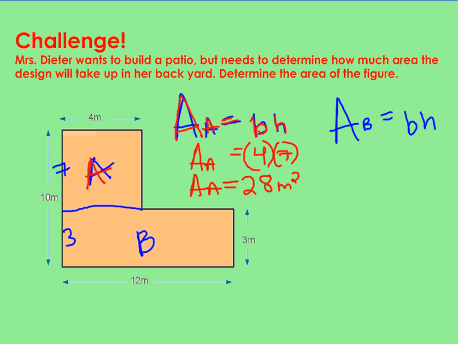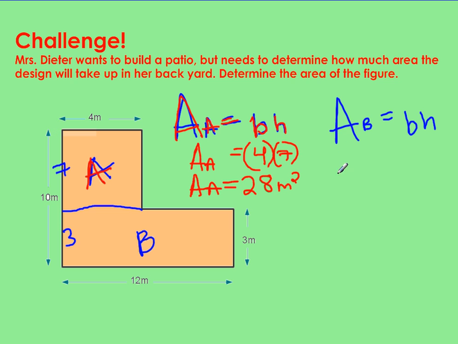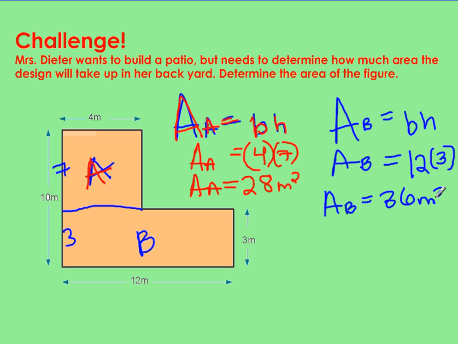And then switching back over to blue while we work with the area B, my base here is 12, and my height is 3. So when we finish simplifying, we're going to find out that our area of B is going to be 36 meters squared.